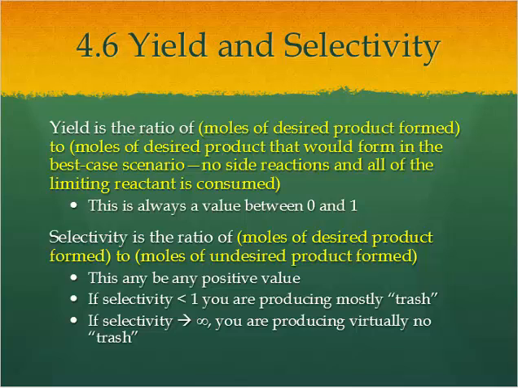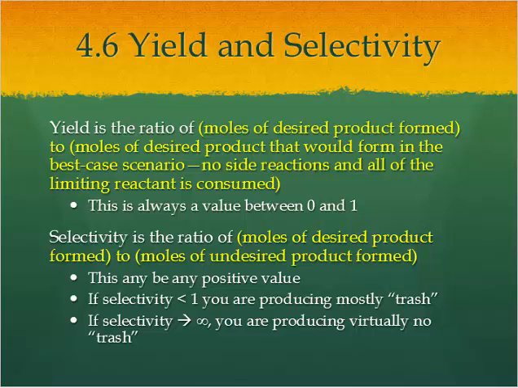So yield is going to be a number, it's always going to be between 0 and 1, and it tells us how much of the desired product is formed as compared to how much of the desired product could have been formed in the best case scenario. That means how much of the desired product could you have made if there hadn't been any side reactions, if all of the limiting reactant were consumed. That's the amount that goes in the denominator. How much you really made in the numerator. So it's always going to be a little less than 1.